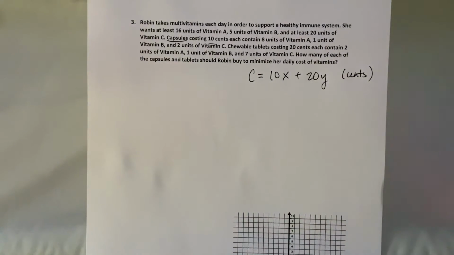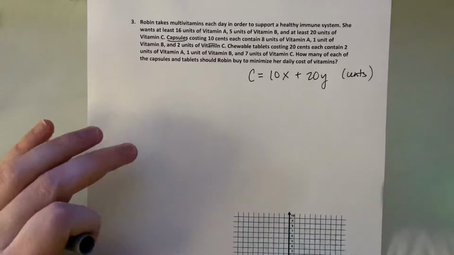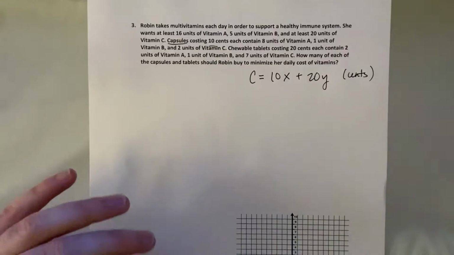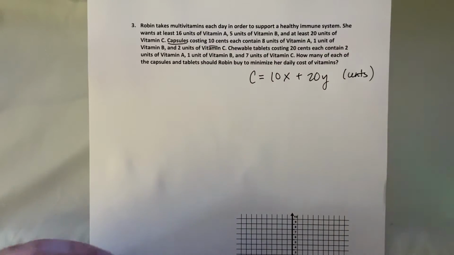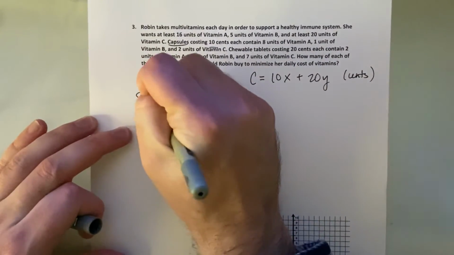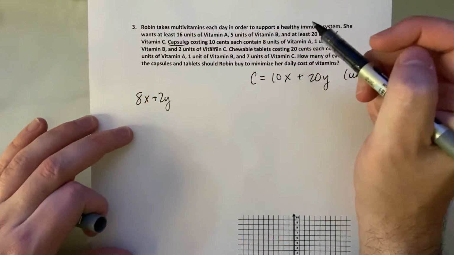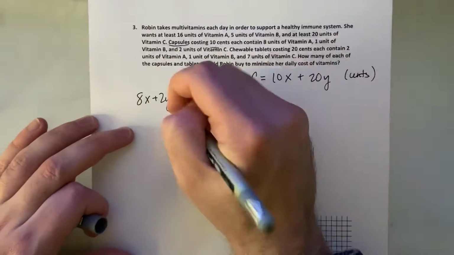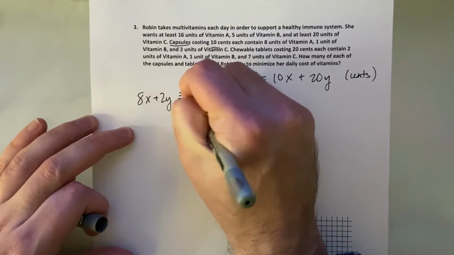Since capsules are our x and chewables are our y, let's talk about our equation for vitamin A. Capsules have 8 units of vitamin A and chewables have 2 units, so 8x plus 2y, and she wants at least 16 units, so greater than or equal to 16.